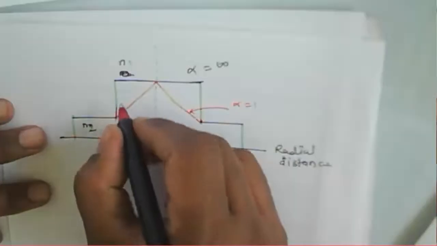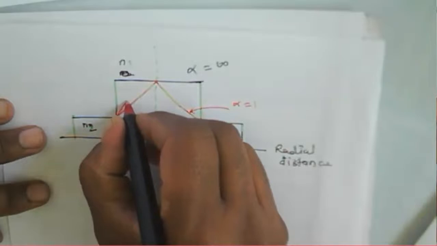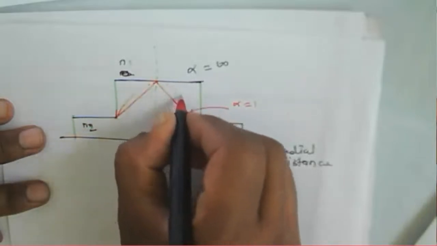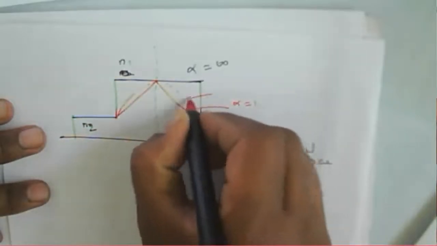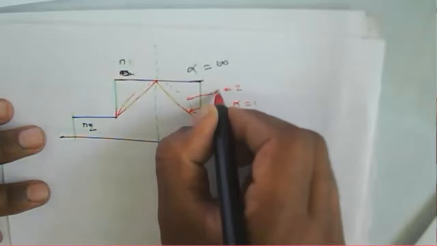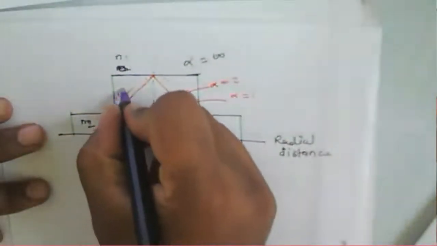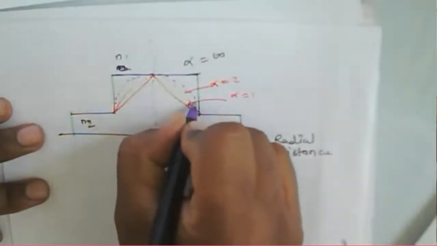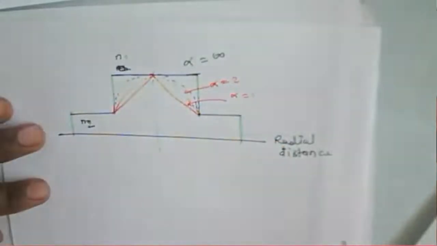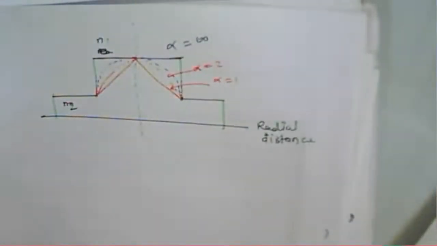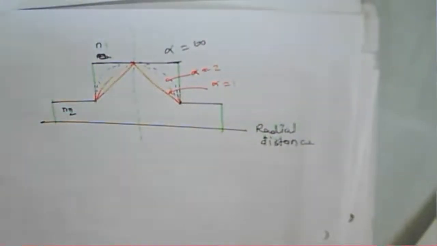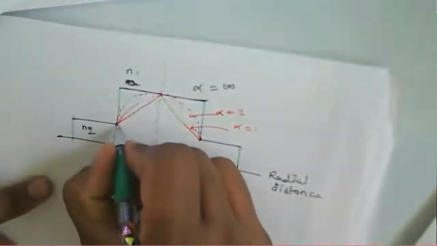Slowly, if you draw likewise, then alpha equal to 2. I'll use another one here. So likewise, alpha changes, and the index profile depends upon the various values of alpha that we draw.